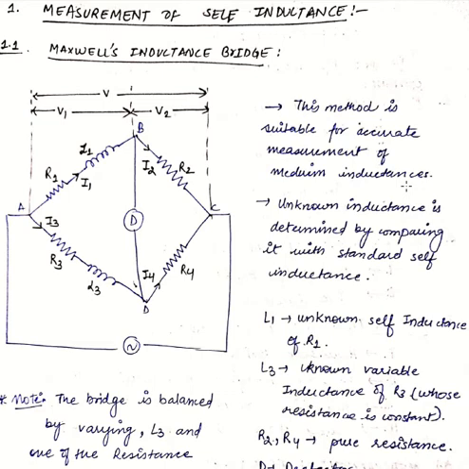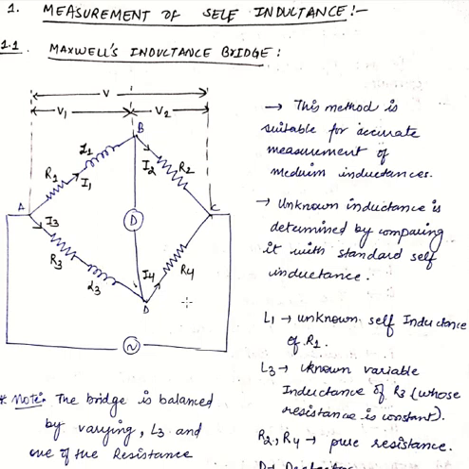In this method, unknown inductance is determined by comparing it with standard self-inductance. Here L1 is the unknown self-inductance with resistance R1, L3 is the known variable inductance with resistance R3, whose resistance is constant, and the variable part is L3.